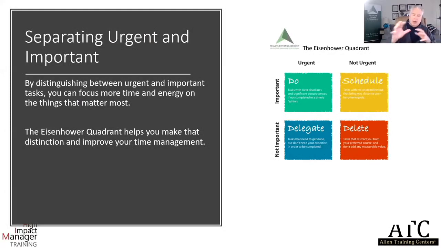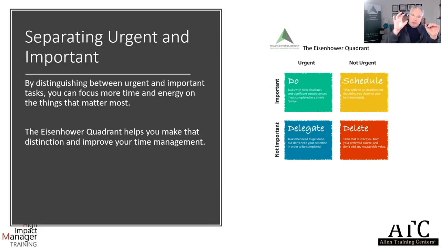So let's talk about separating the urgent and the important. By being able to distinguish between the urgent and important, you can then focus time and energy on the things that matter most. It's not just dealing with whatever's coming at me all day, every day. I'm able to separate that, set it into the proper perspectives, the proper boxes, so that I am understanding and managing my time.